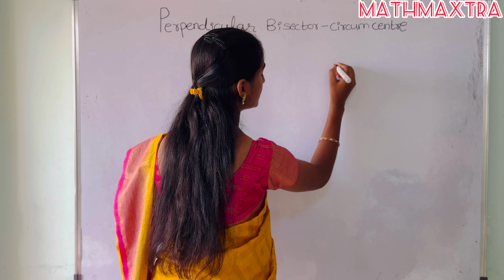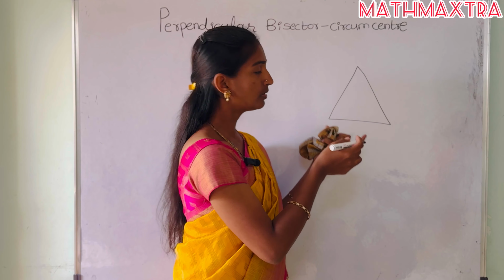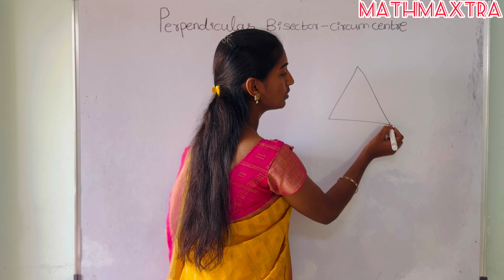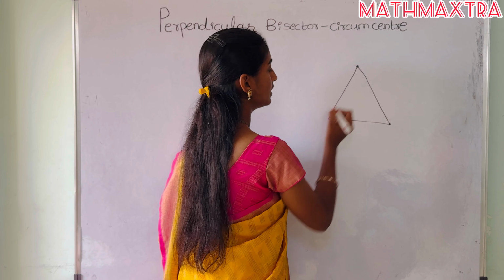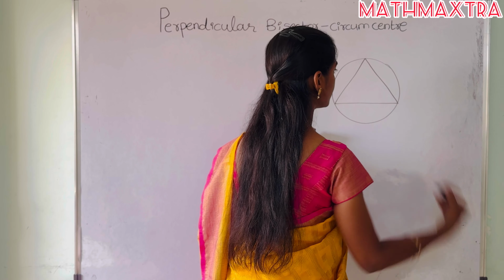You consider one triangle. So if you draw a circle by joining all the three vertices, these are the three vertices.